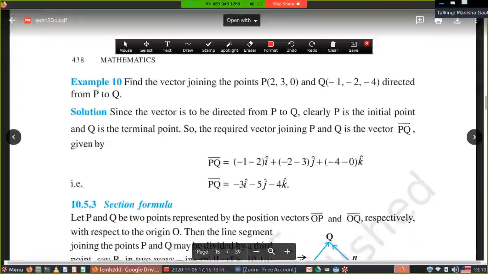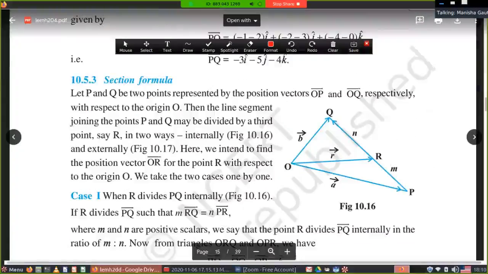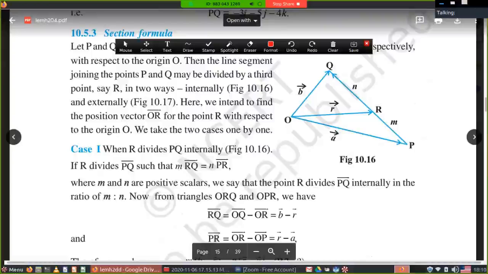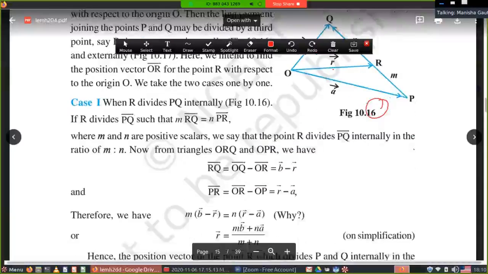The next one is the section formula, which we studied in the 10th class in coordinate geometry. Now, how to apply the section formula in vector form? Here is the formula. P and Q are the two points and R is the point dividing the line segment in the ratio m is to n, and we want OR, the R vector.